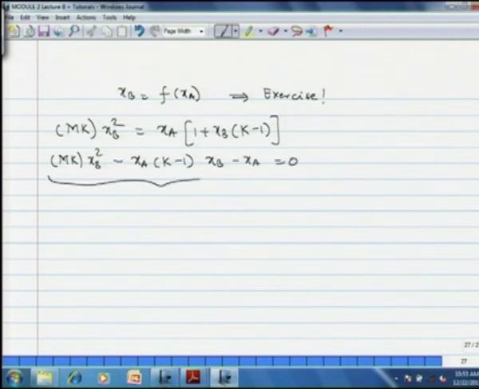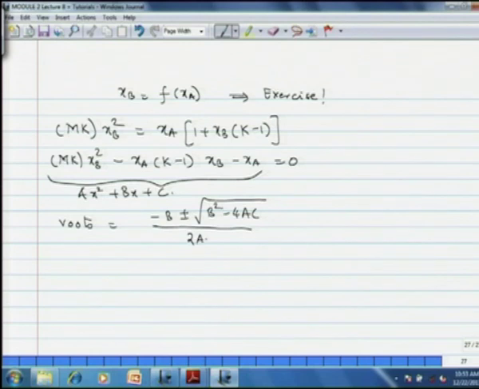This is of the form, and then you know that the roots are minus b plus or minus square root of b square minus 4ac by 2a. So, here you have a as MK. Now, a, b, c are not here, do not confuse a, b, c with number of moles, but these are simple coefficients.